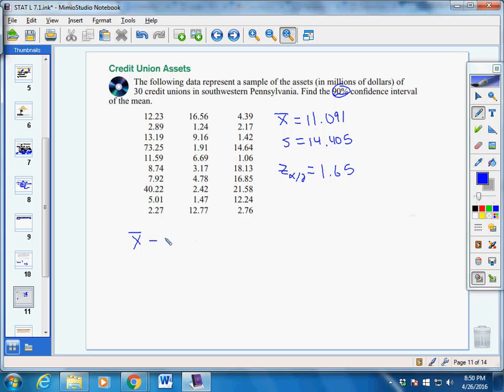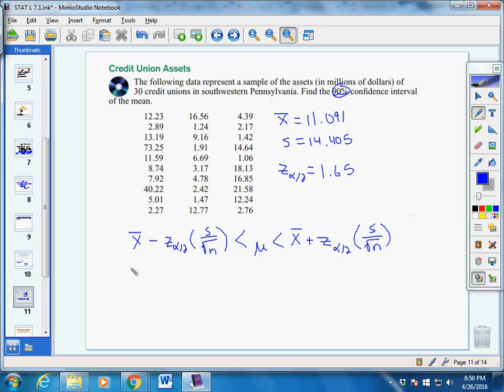The mean minus z sub alpha over 2 times the standard deviation divided by the square root of the sample size is less than the mean, which is less than the mean plus z sub alpha over 2 times the standard deviation over the square root of the sample size. I'm sorry, one is minus and one is plus, because we're trying to find the interval that the mean is going to be between.